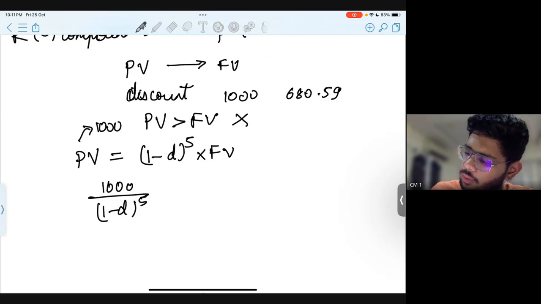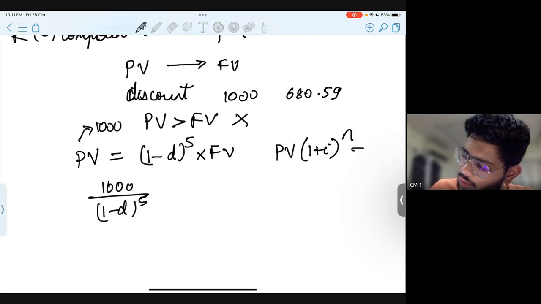Be very careful. When we are doing interest, we are doing PV times 1 plus i whole power n is equal to FV.